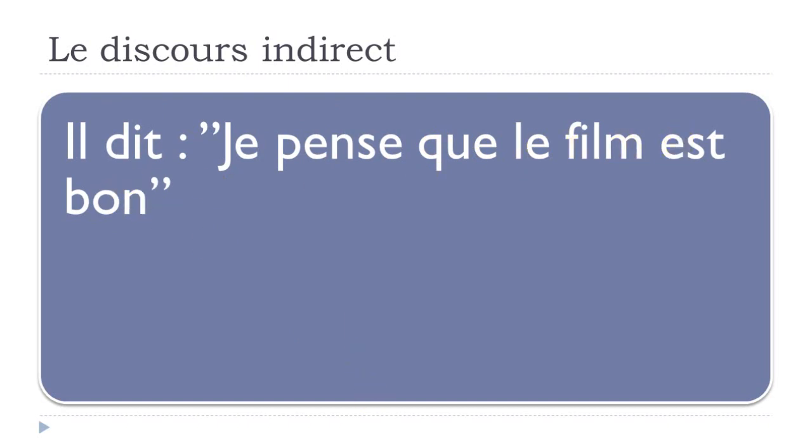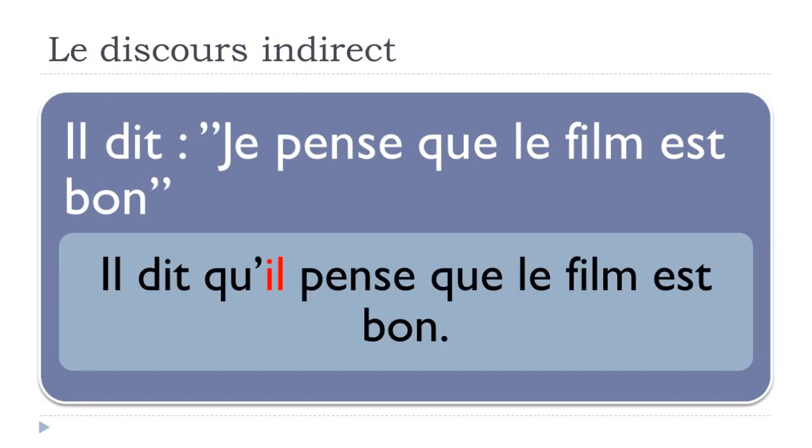Okay? So if you want to modify this sentence, of course, you will have to change it a little bit, because it's not possible to say, il dit que je, okay? So the subject, it's not possible to continue with je in that case, because you will have to modify it and adapt it. So in that case it should be il, okay?